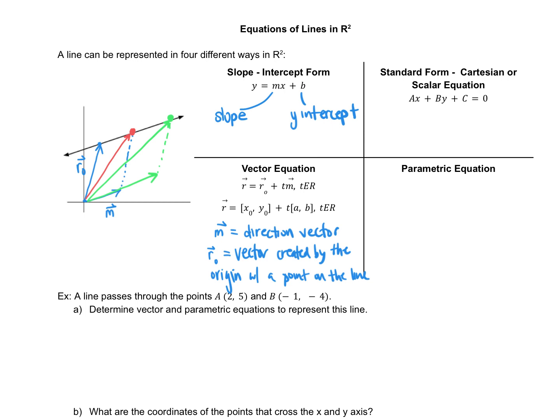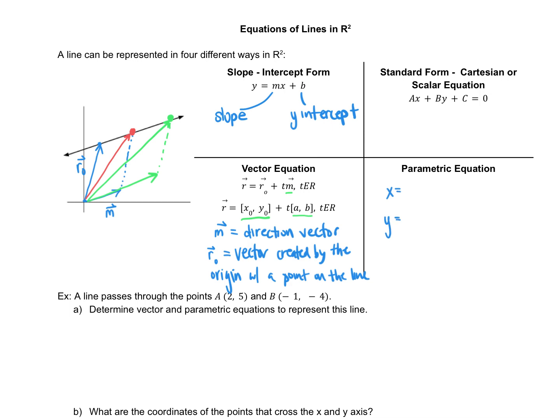Now, to go hand in hand with this vector equation, we can also write a parametric equation. Now, notice in the vector equation that the direction vector is represented by this vector AB, and this other vector that represents the vector from the origin to a point on the line is represented by x naught, y naught. So, our parametric equation will just split up those x and y components.